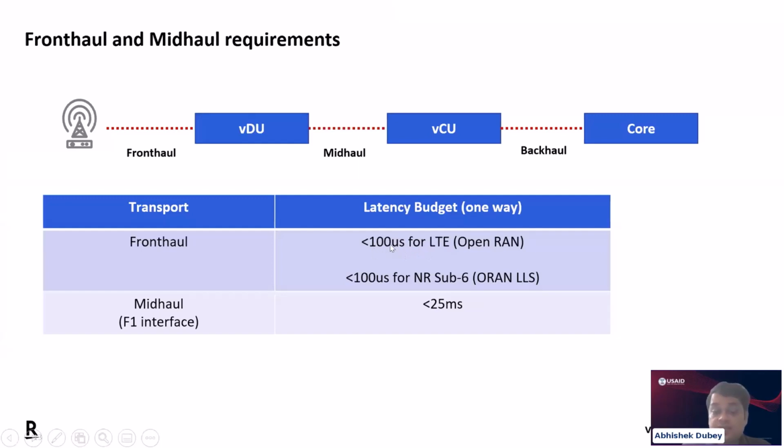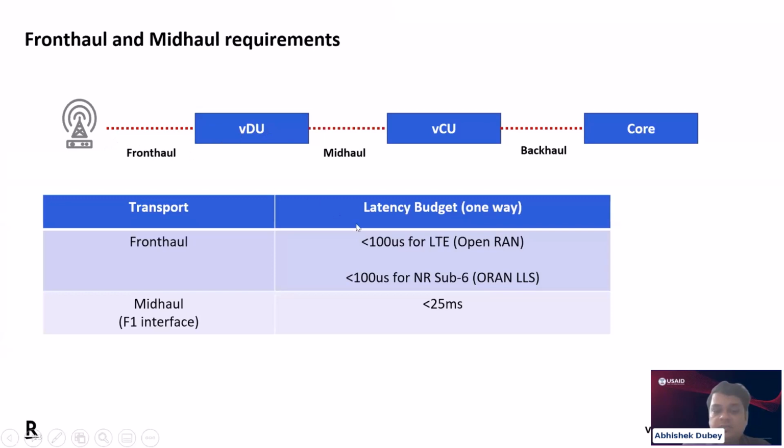To get this latency, you have to think about which front haul you are going to use. Obviously, you cannot fulfill this latency requirement through microwave, right? So you have to plan a fiber, a kind of dark fiber, which can fulfill your requirement. All right. So you need to think here.